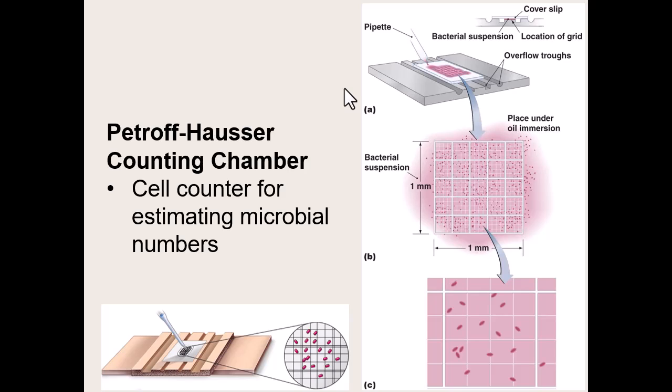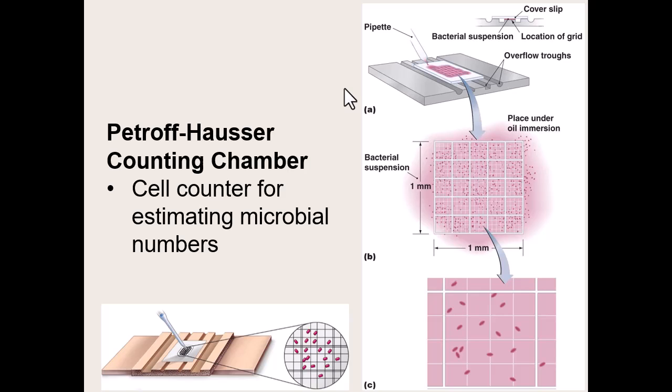Then I can count the number of bacteria in a particular grid, and say there are like 16 or 17 little bacteria on this grid. A tenth of a millimeter, times 1 millimeter times 1 millimeter of space gives us our cubic millimeters, or our volume.